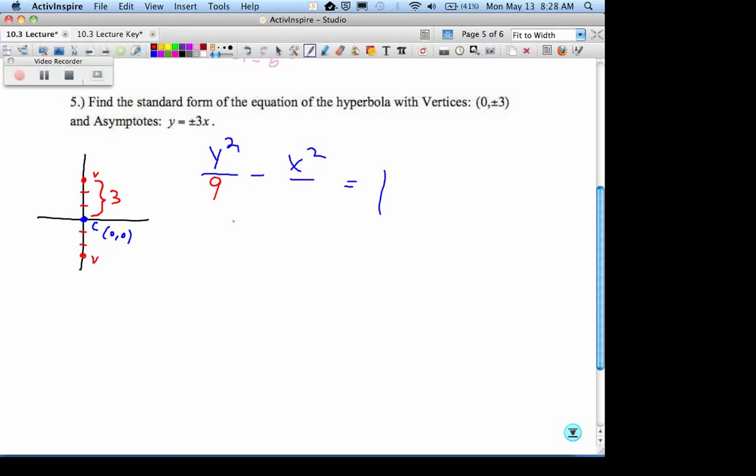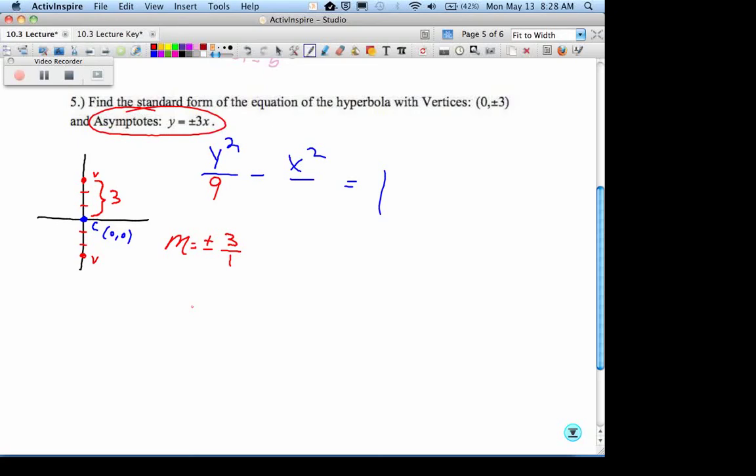But how am I going to get the b value? Well, what are they telling us this time? They tell me that the slope is 3 for both of the asymptotes. So it's plus or minus 3, and I put plus or minus 3 over 1.